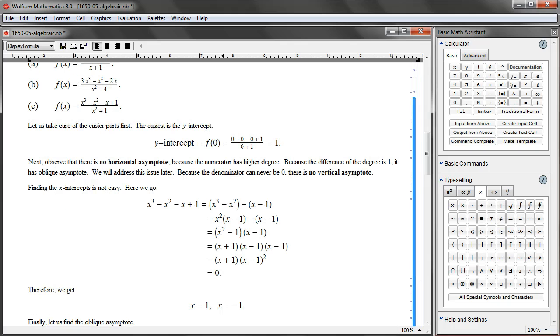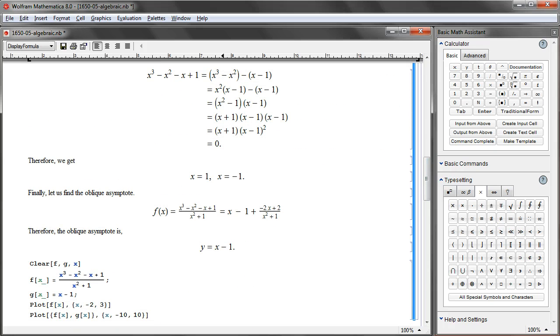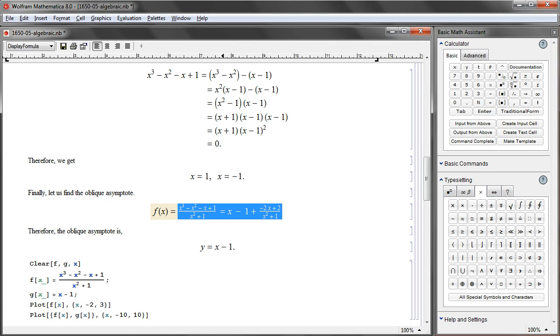How do I find out that linear function? By a long division process. You can use long division to figure it out. The quotient is x minus 1, and then the remainder is negative 2x plus 2.